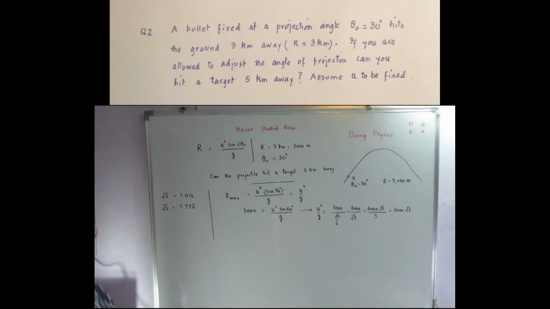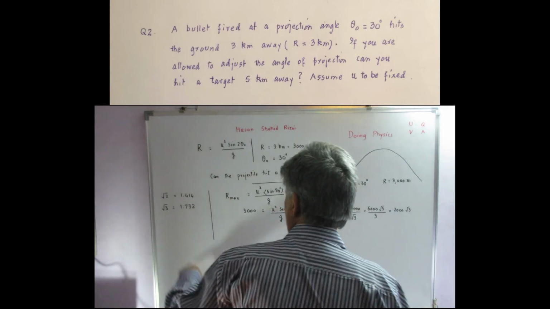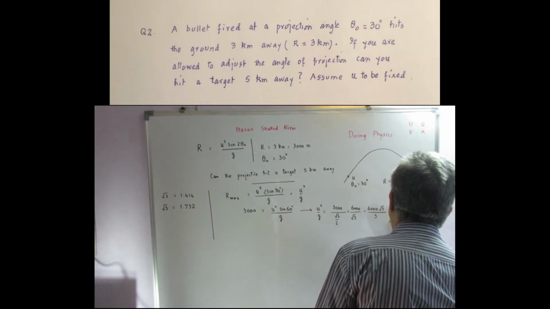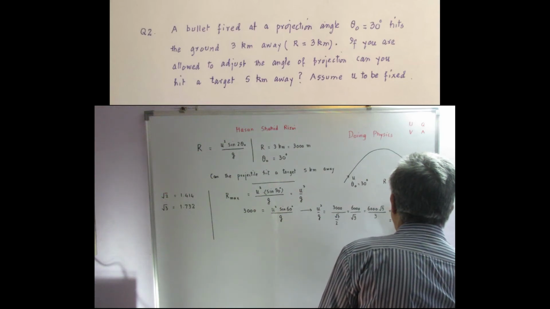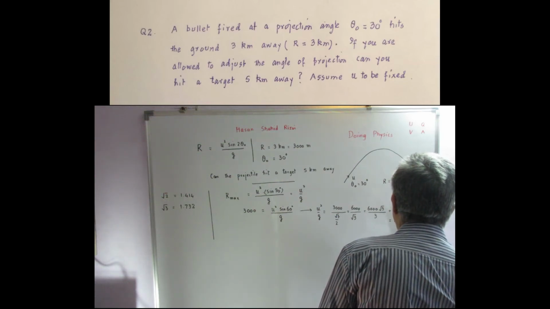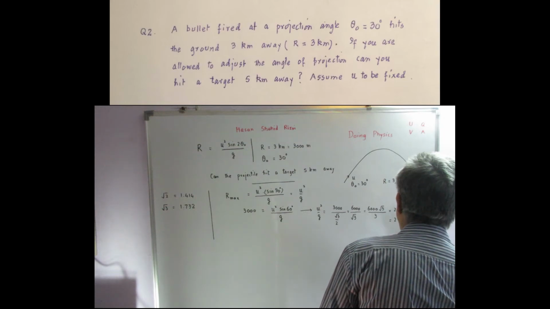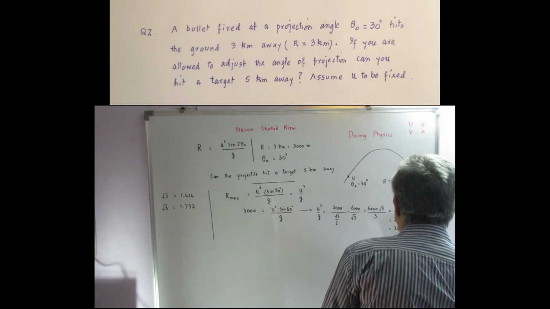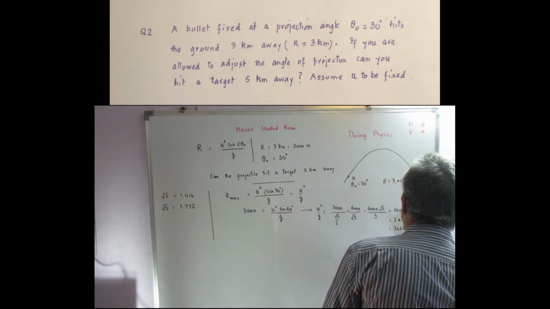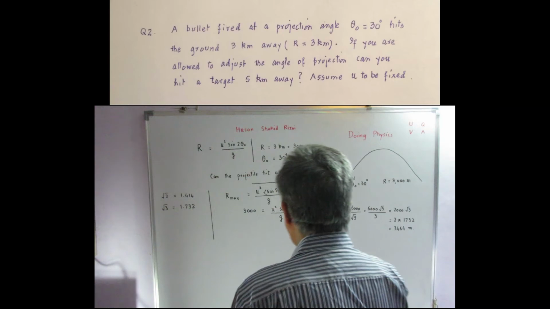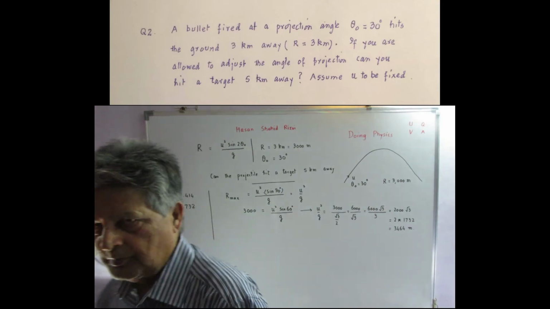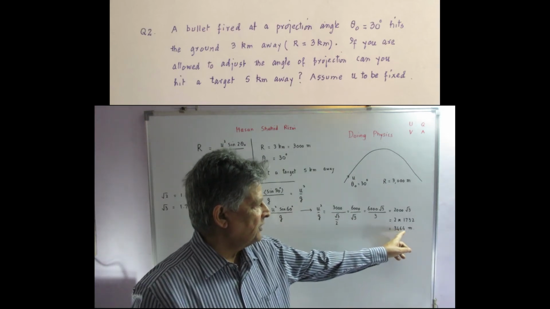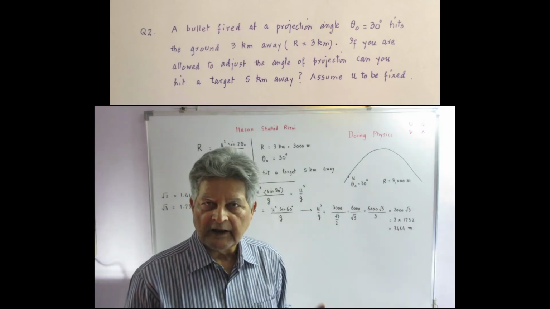So that way I remember it. So this turns out to be equal to 2 into 1732, which is equal to 3464 meters. So the maximum range that I can obtain is 3 kilometers 464 meters, which is definitely less than 5 kilometers.